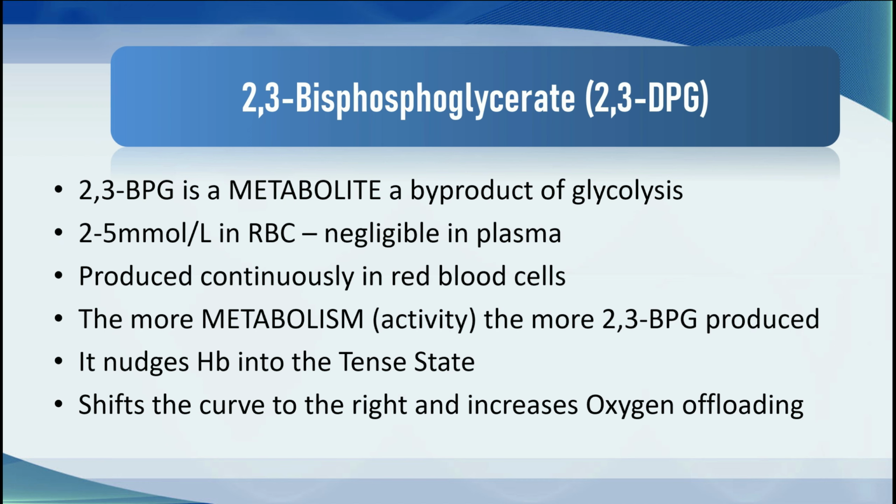That is not insignificant, but there really is none of this stuff in plasma. It's continuously produced by the red blood cell, but the more metabolic activity, the more 2,3-BPG that is produced. It nudges hemoglobin into the tense state, so it shifts the curve to the right and increases oxygen offloading.